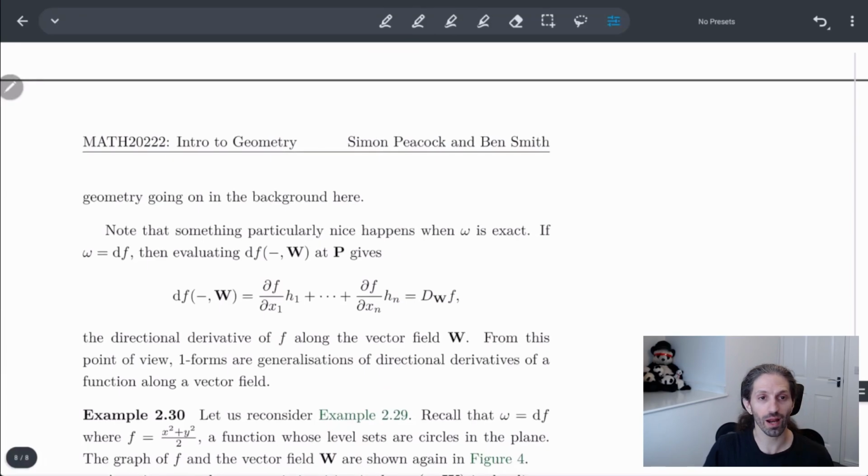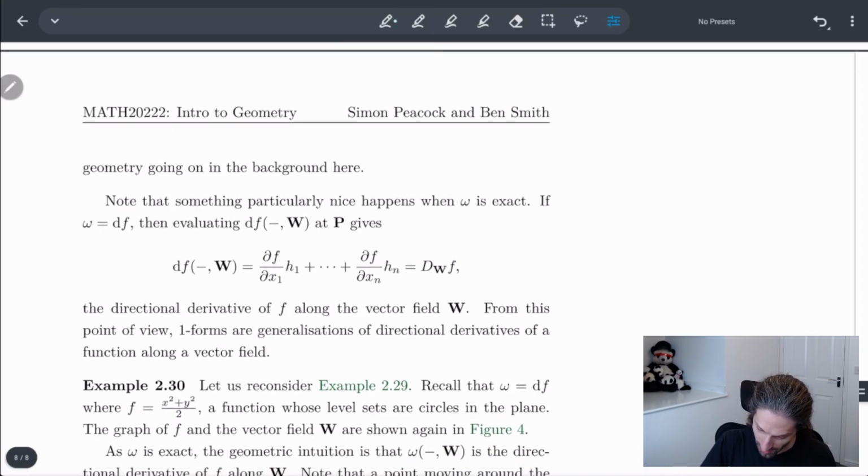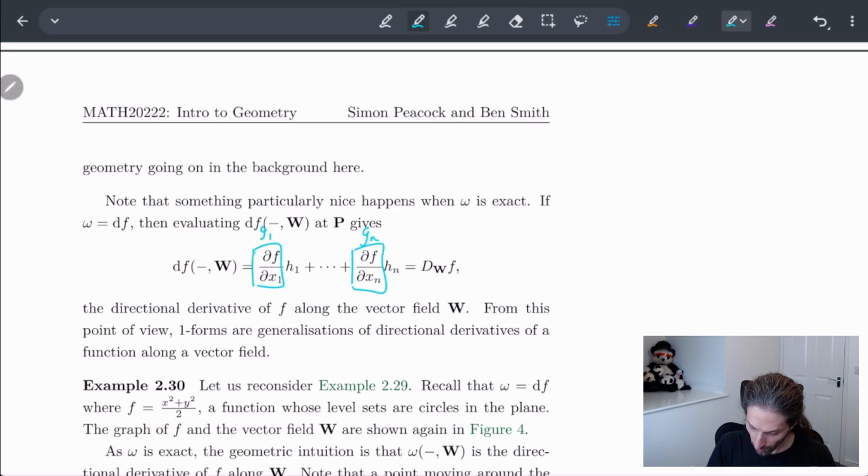But let's look at what happens when omega is exact, because this gives us some nice things as well. If omega is exact, our g's are basically given by these components, so g1, and this is our gn. And if you look at this formula, this should be recognizable.